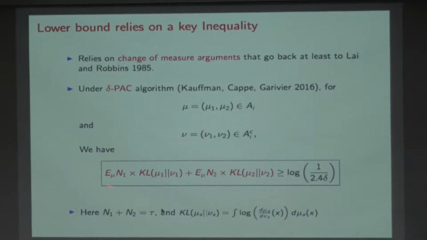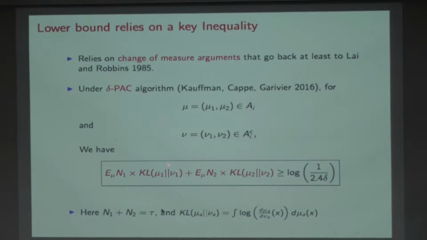What's going on here? What it's saying is that if distribution mu1 and distribution nu1 are very close, and what do I mean by close? That's measured by this Kullback-Leibler distance. It's kind of a notion of distance. If mu1, nu1 look very similar, then this number is going to be small. If mu1, nu1 look very different, this number is going to be huge.